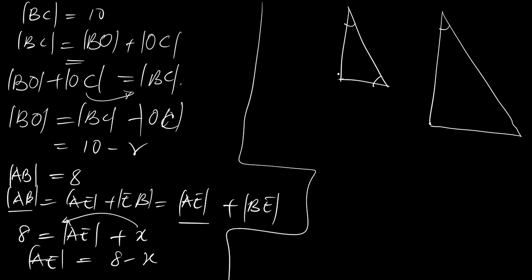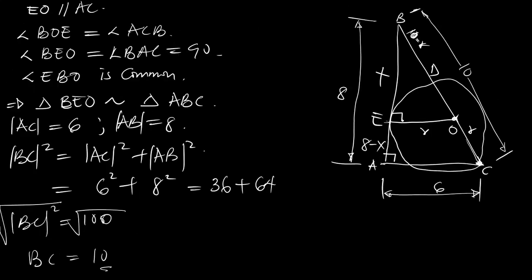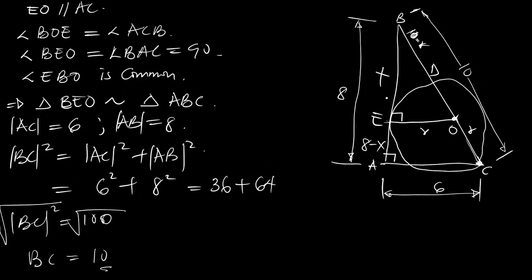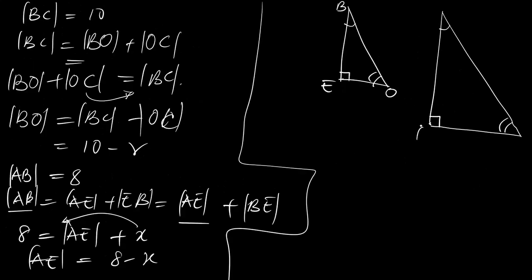This is 90. They have the same angle here. This is BEO. The other one is ABC.